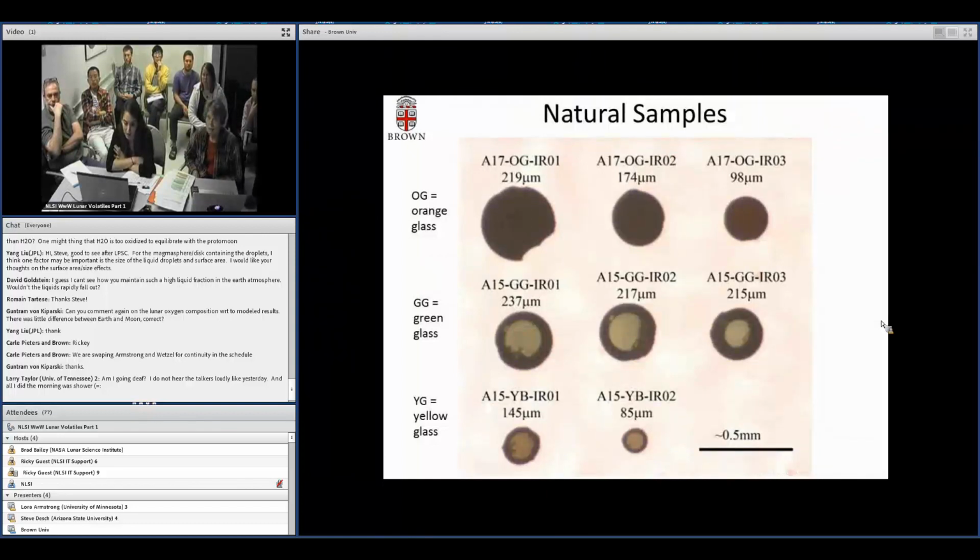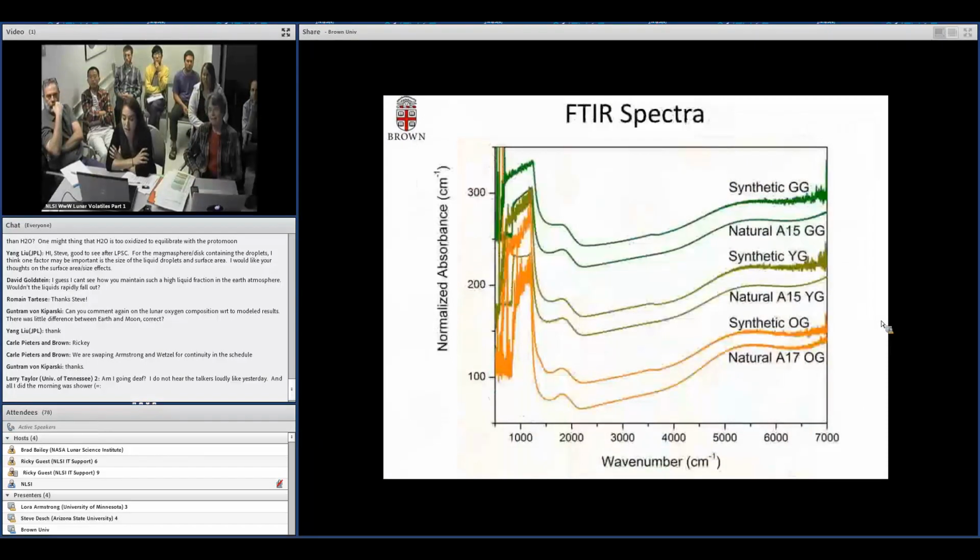And so we looked at orange, green, and yellow glasses, and we did both FTIR and Raman, as well as electron microprobe and SIMS on these. And so here we have FTIR spectra of the green, yellow, and orange glasses, and you can see that they're color-coded for each composition. And each composition is paired.